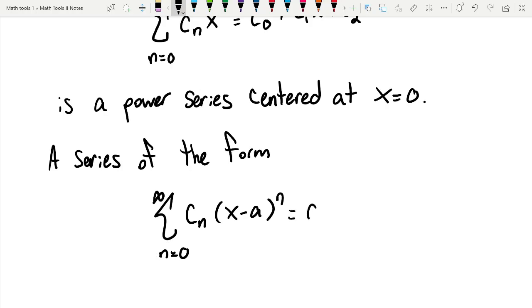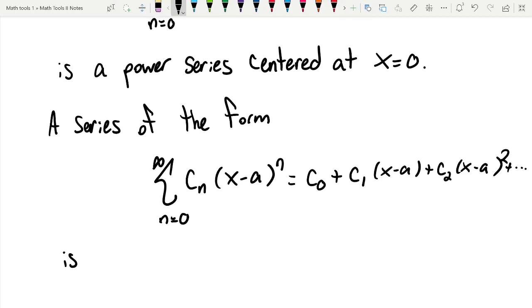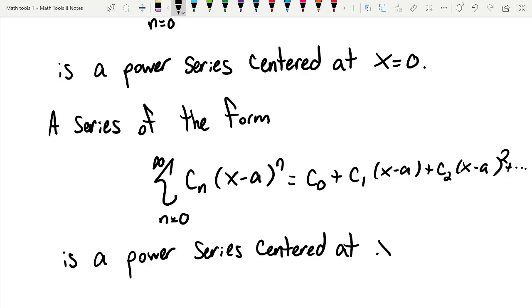So this is going to look like still c sub 0 plus c1 times x minus a plus c2 times x minus a squared, etc. So this is a power series centered at x equals a.